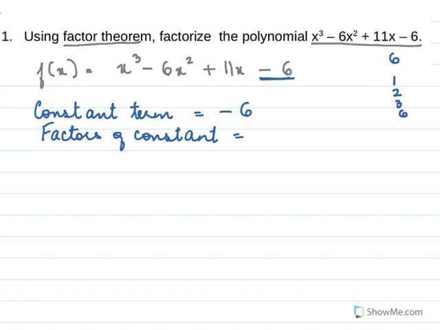These are factors of 6. So factors of constant term could be plus minus 1, plus minus 2, plus minus 3, plus minus 6.